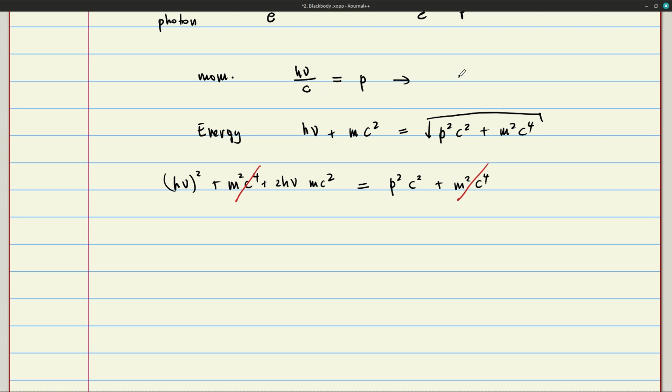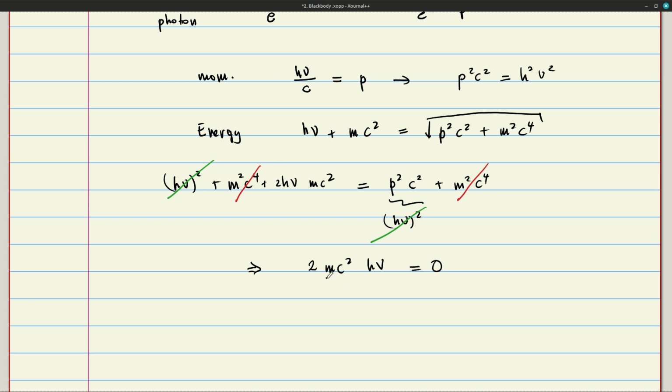So this is going to give me p squared c squared equal to h squared nu squared. Then this h nu squared is going to cancel this one. And this is going to give us 2 mc squared h nu, and anything else, is equal to 0.